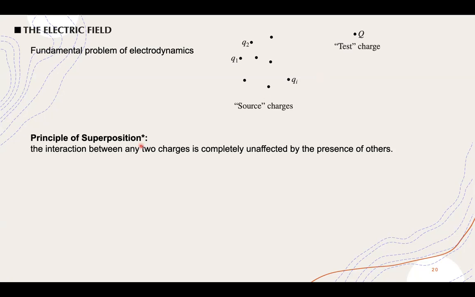The principle of superposition generally says that the interaction between any two charges is completely unaffected by the presence of others. What that means is that if I want the effect of some Q1 over the Q, then we can just calculate the Coulomb force between Q1 and Q without considering the effects which Q1 and Q2, or Q1 and Q3, or Q1 and Qi are going to feel among each other.